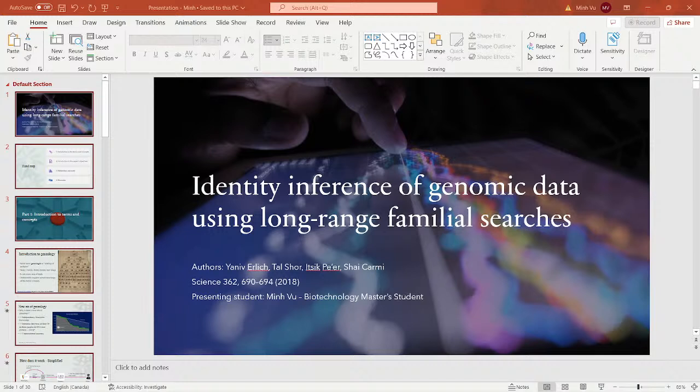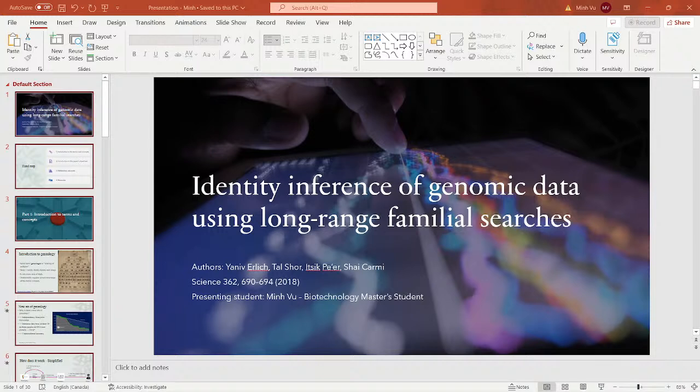But how does it actually work? How does the DTC, in this case 23andMe, sequence your data? Well, they don't actually sequence it, because 99.9% of humans share the same genomic contents. Very, very tiny differences in the genome are differences in our phenotypes.